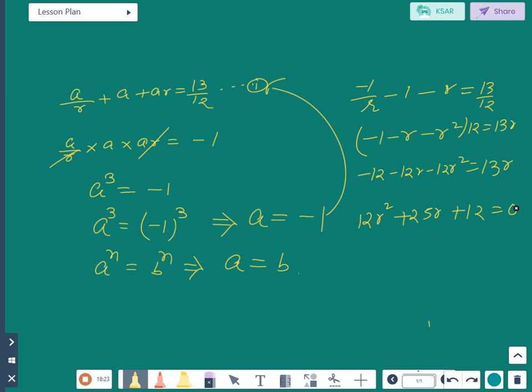Now the factors of 144 are 12 and 12, and we shall use the quadratic formula for solving it.